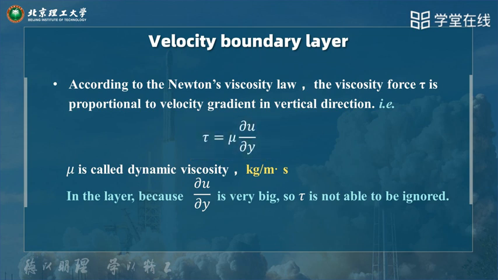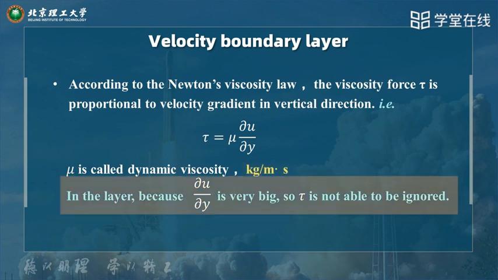We can call it Newton's viscosity law. Here, mu is called the dynamic viscosity. The unit is kilogram per meter per second. In the layer, because partial u over partial y is very big, tau cannot be ignored.